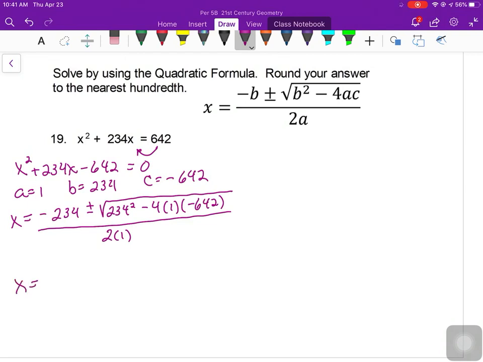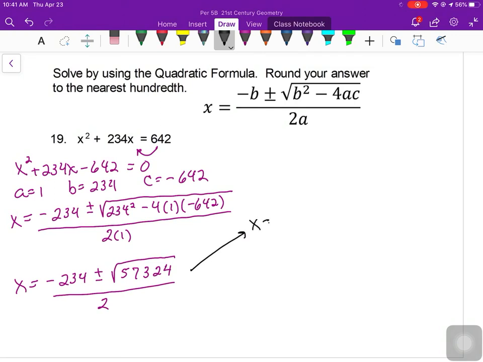Let's work out what's in that radicand, the part under the square root sign. Negative 234 plus or minus the square root, and that comes out to be 57,324. All of that is still divided by 2. And now is where we split it into the two parts.